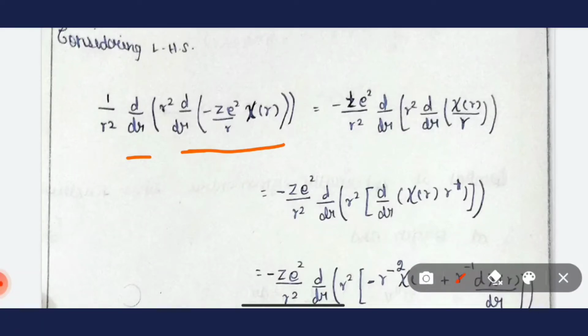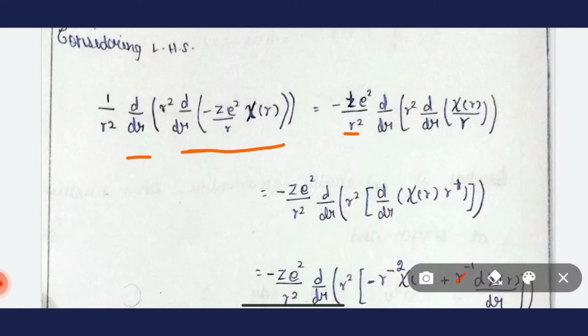We have already substituted the value of v of r, which is minus z e square divided by r into chi of r. Here minus z e square is a constant term. It is not going to vary with respect to r, so I can take it outside as minus z e square, and the remaining term is 1 by r square.